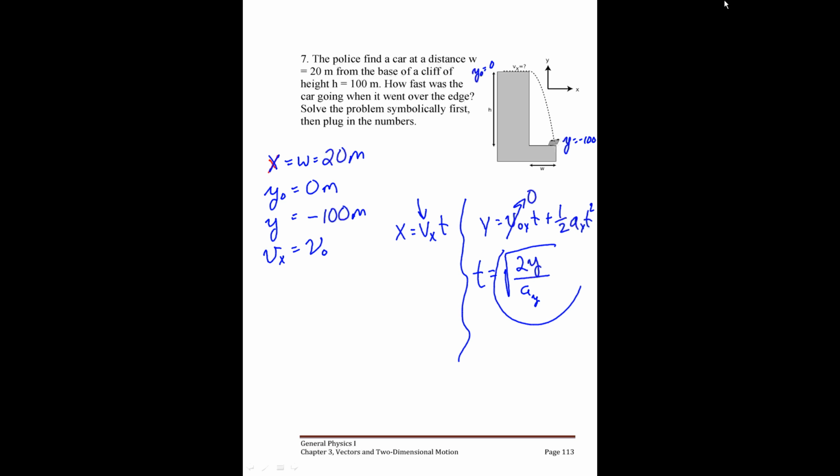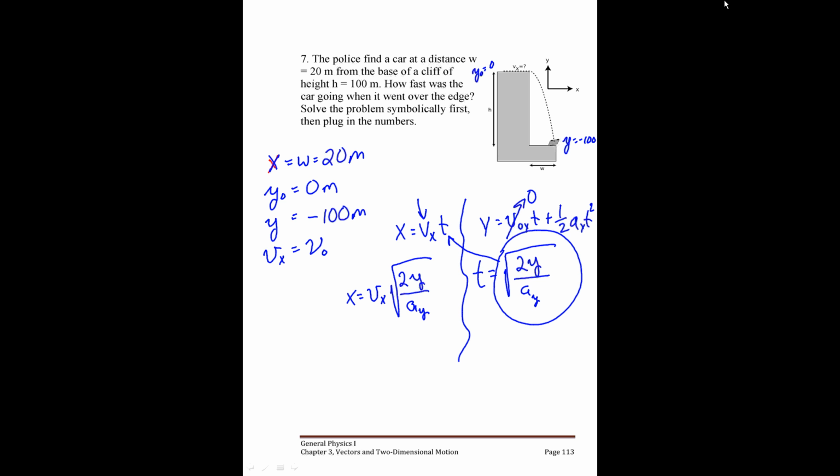I'm going to take this now and plug it in here. So I get x equals Vx times the square root of 2y over a y. So now I have only one unknown in this equation. And what am I looking for? I'm looking for Vx.